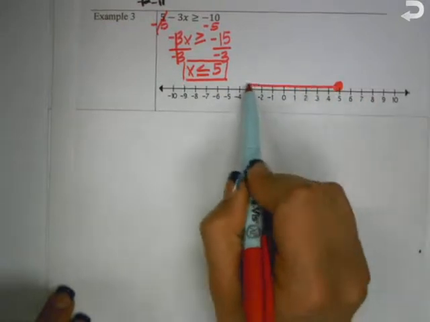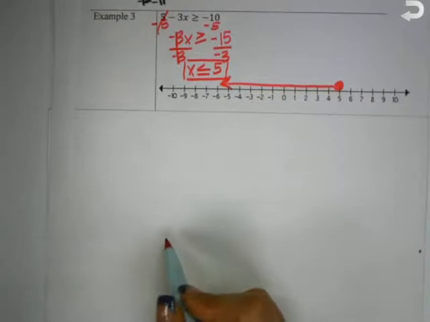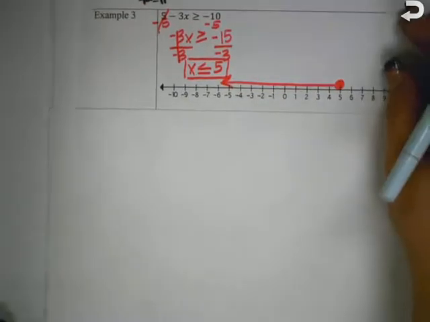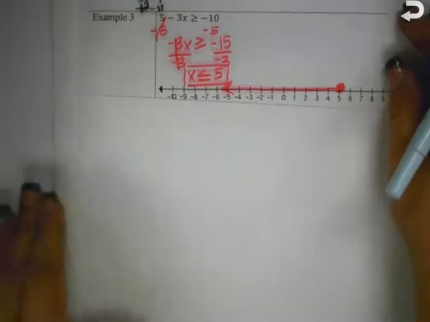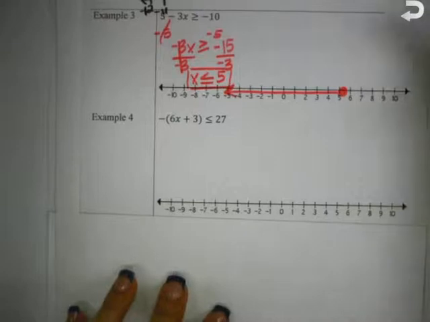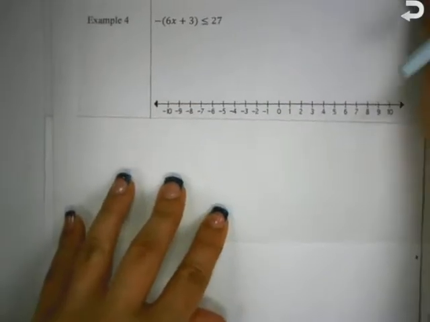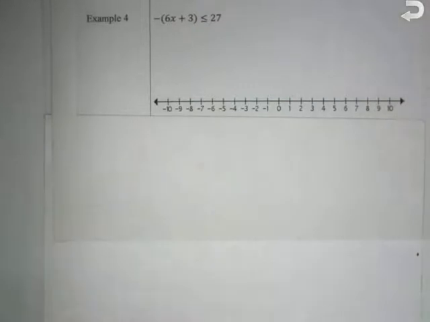So example 4. -6x plus 3 less than 27. Alright guys, so if I was solving this just like normal, what would I do first? I would distribute that negative, right? So let's distribute the negative.